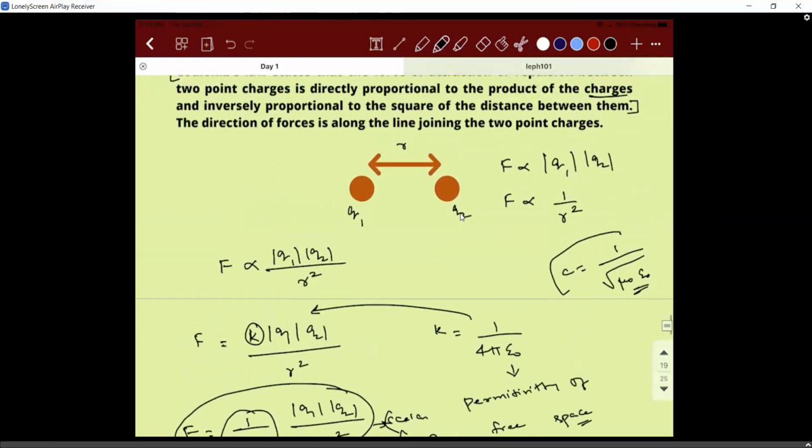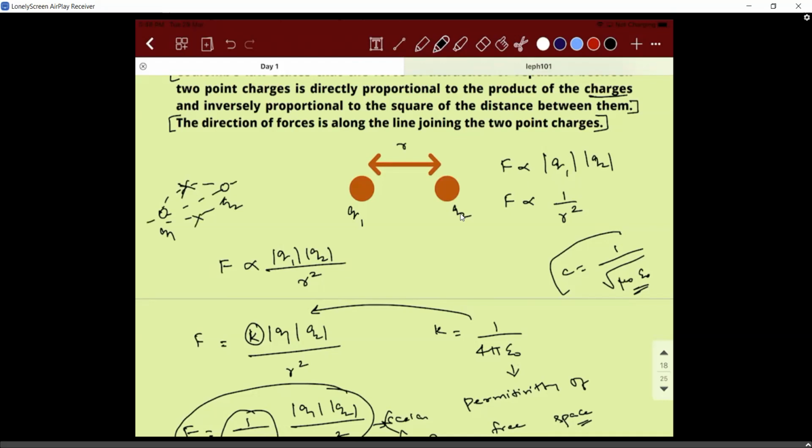I told you one important point here. The direction of force between the charges acts along the line joining both the charges. The meaning of it is, if I have a charge q1 here and another charge q2 here, the force will not act along this direction or this direction.